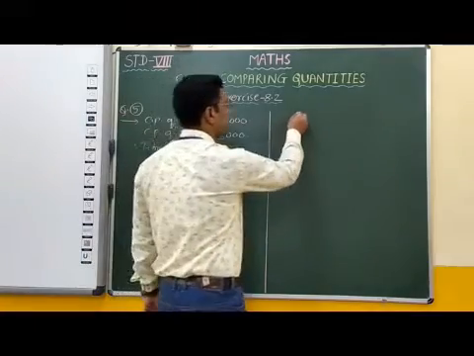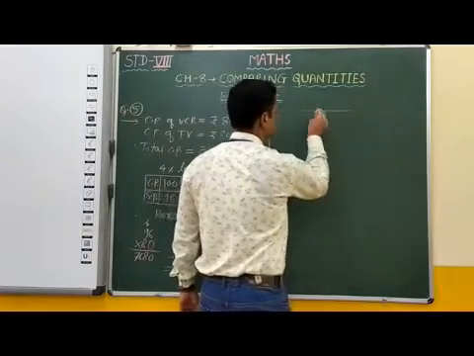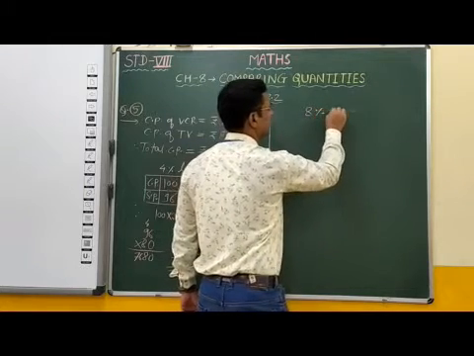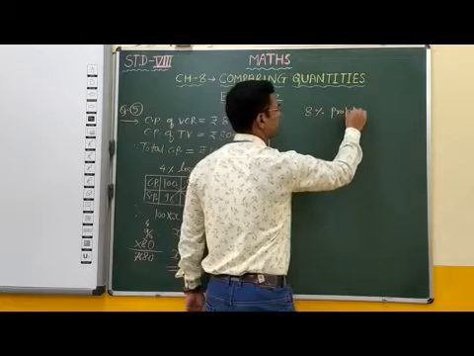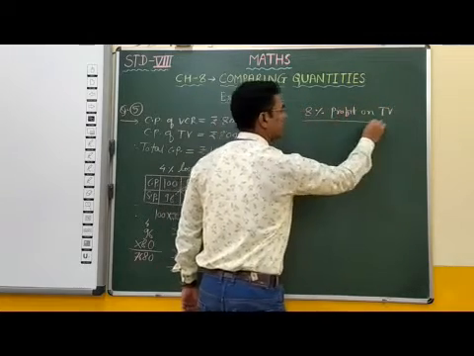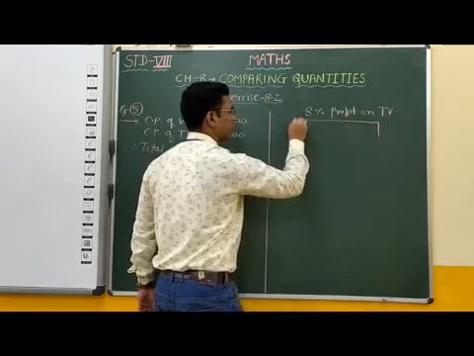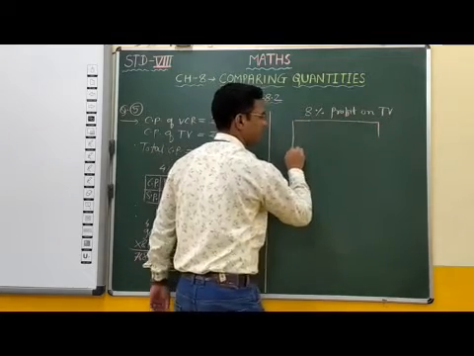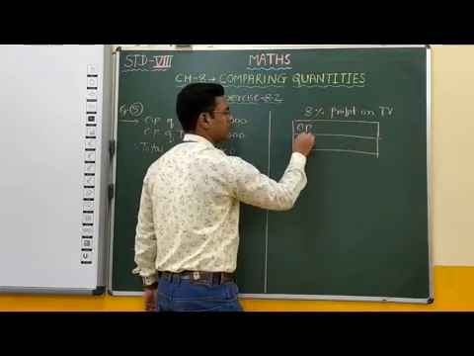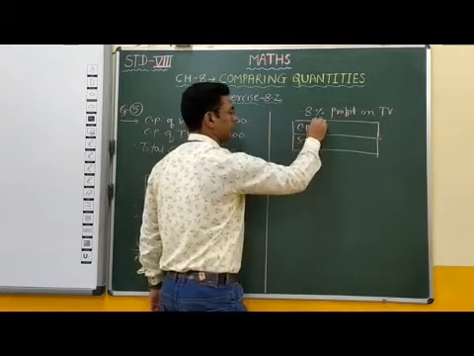Now, shopkeeper made profit of 8% on the selling of TV. Therefore, here we can write 8% profit on TV. Here we can write CP, here SP.